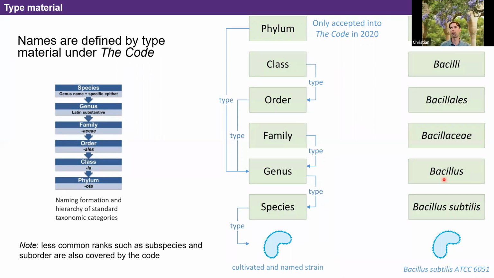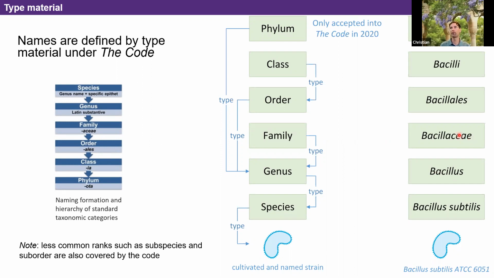If we then want to name the family, we have to see what the genus name is and what the stem of the genus name is, and that really depends on many different factors. I'm not going to go into that, but all those names are Latin or Latinized. In this case, the stem would be Bacill, and then we add the ending -aceae to show that it is a family.